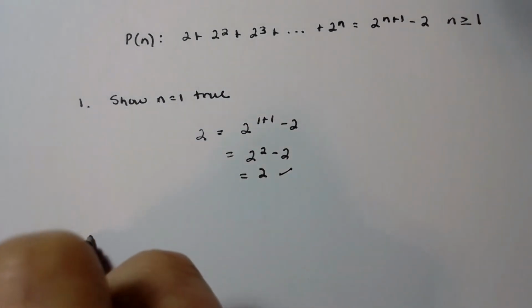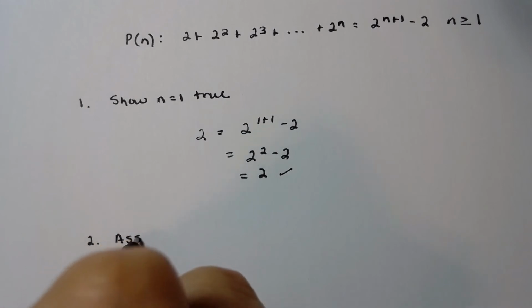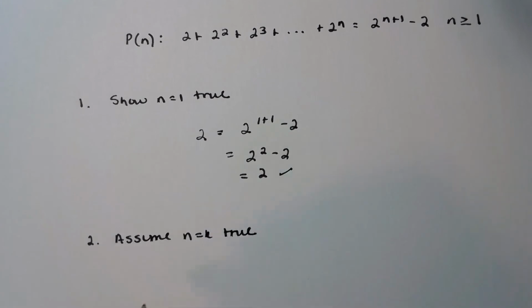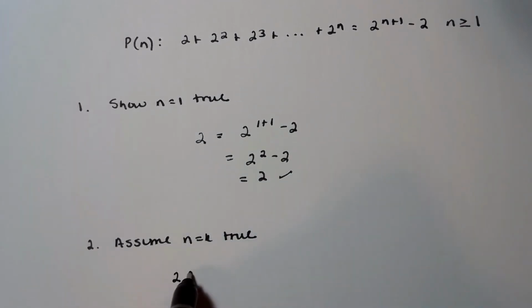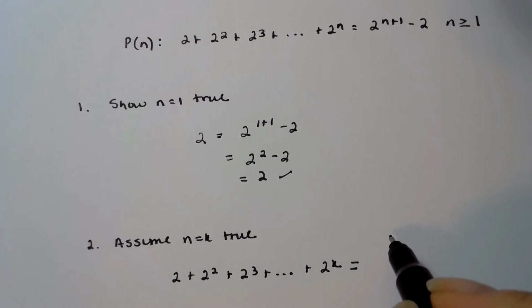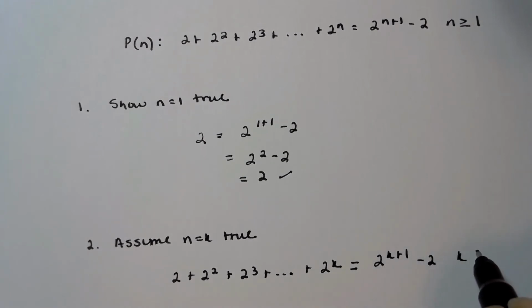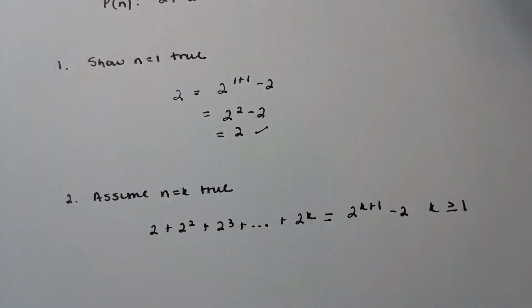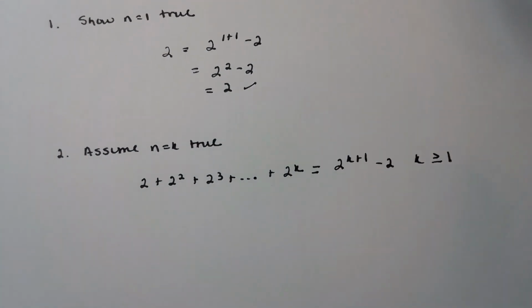Step 2, we're going to assume n equals k is true. So we have 2 plus 2 squared plus 2 cubed, up to 2 to the k, is equal to 2 to the k plus 1 minus 2 for k greater than or equal to 1. So I'm just copying the statement, but instead of an n, writing a k.